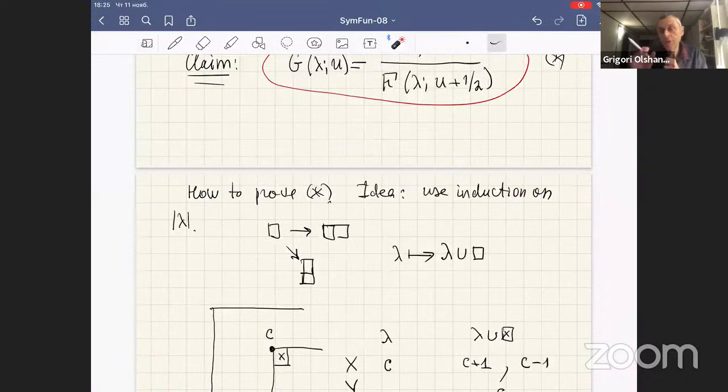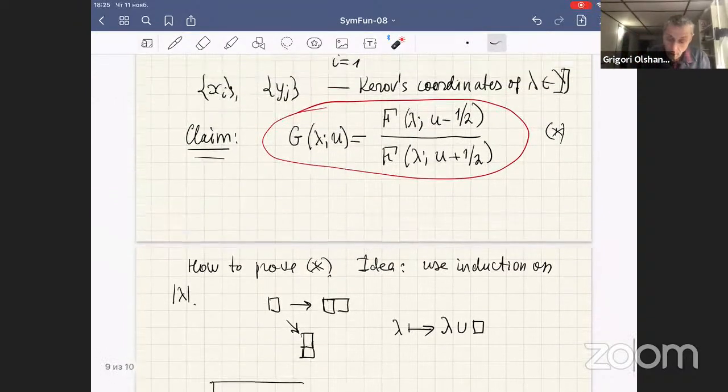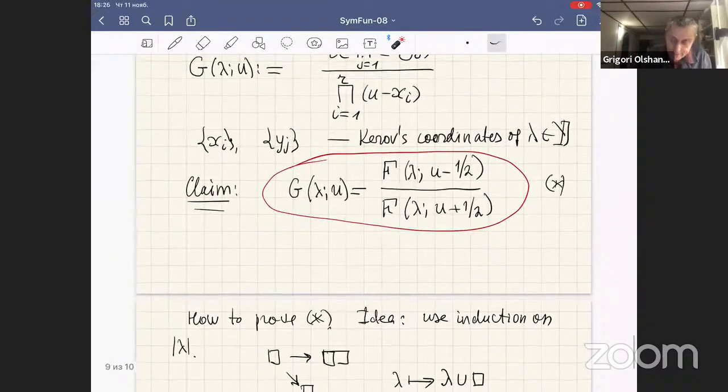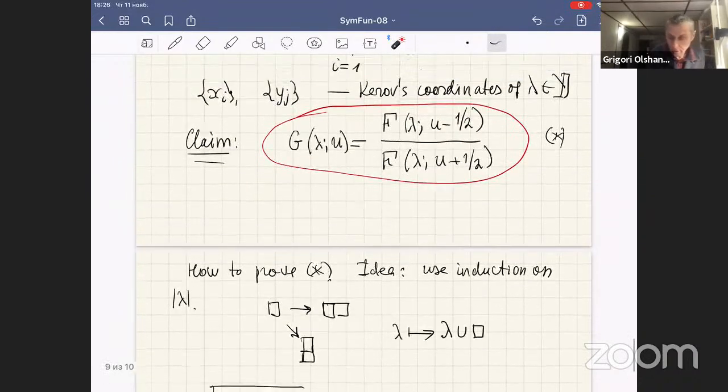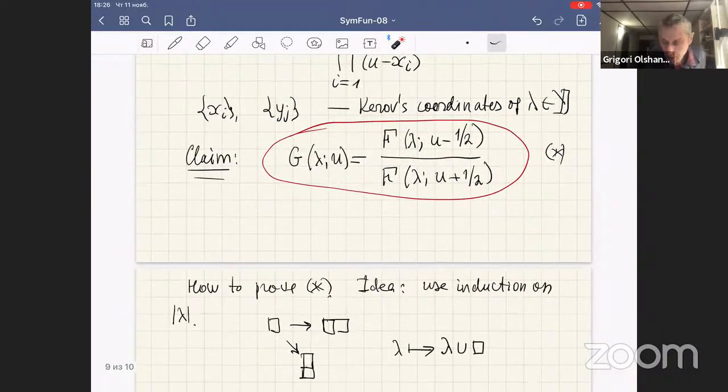So the idea is just to see what happens when we add one more box, and so on, and so on. And then, when this result is already established, one can take the logarithm and look at what happens. Okay, so this is just the end.